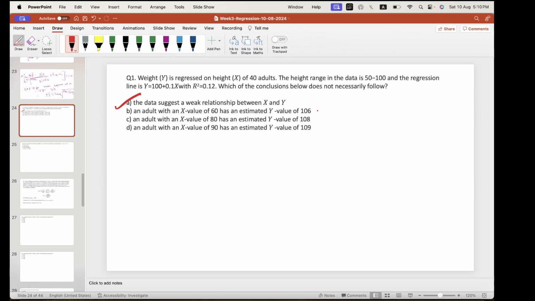Okay, because these three hold. Y equal to 100 plus 0.1x, so x equal to 80 would mean 100 plus 8, 108. Okay, so these three hold and A is not necessarily true. Moving on.